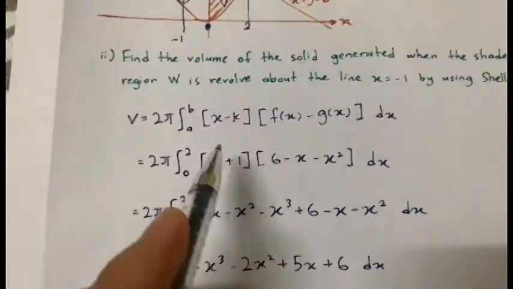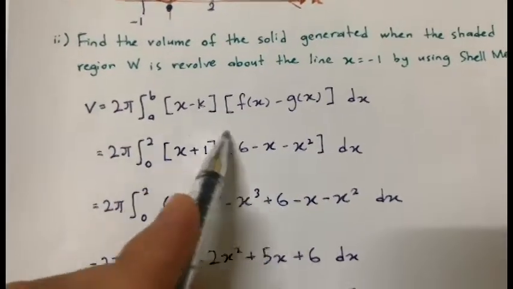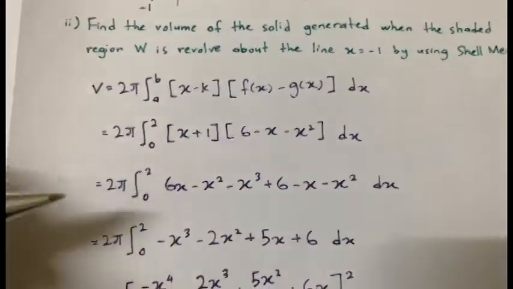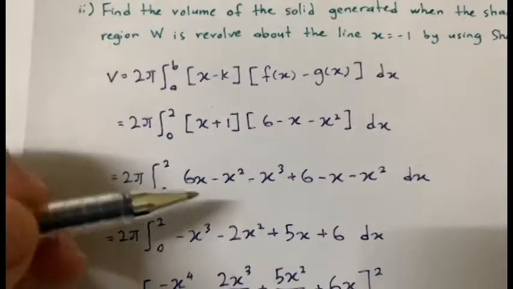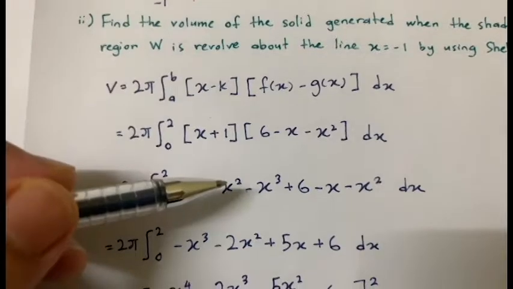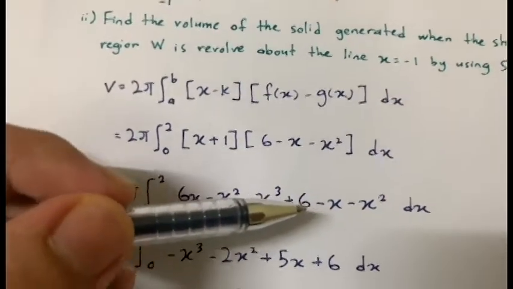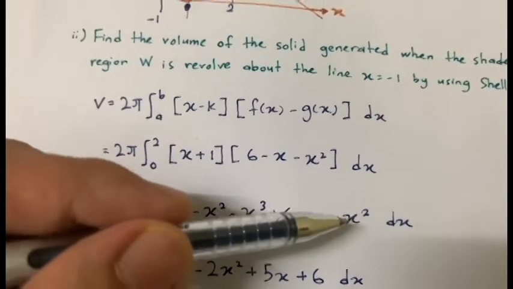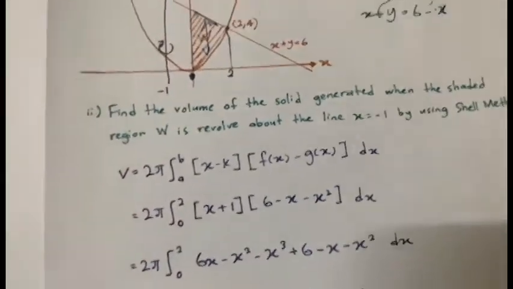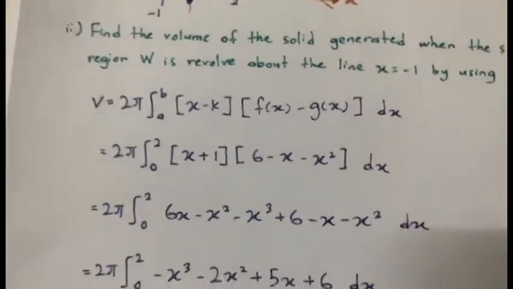From this part, we're going to multiply them. If we multiply them, we get 6x minus x to the power of 2 minus x to the power of 3 plus 6 minus x to the power of 2. From here, we're going to simplify it again.